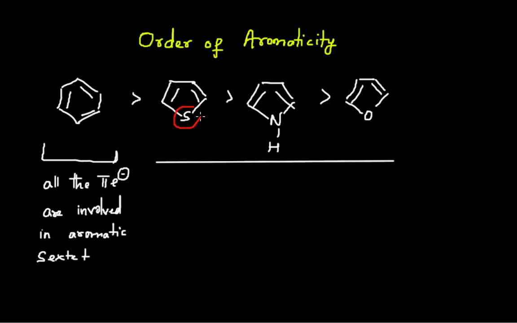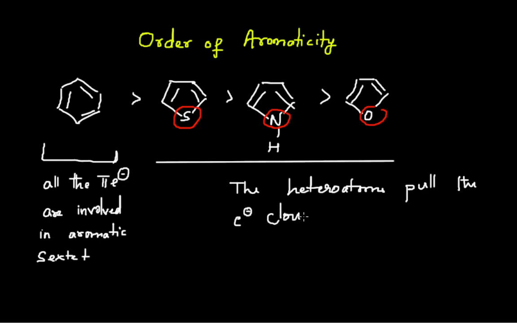Now here, in the case of these three heterocycles, the heteroatom, which is more electronegative compared to carbon, pulls the electron cloud towards itself. Which means there is uneven charge distribution.